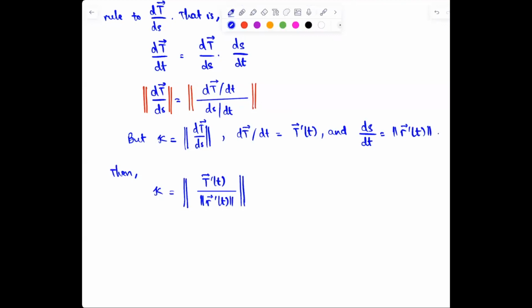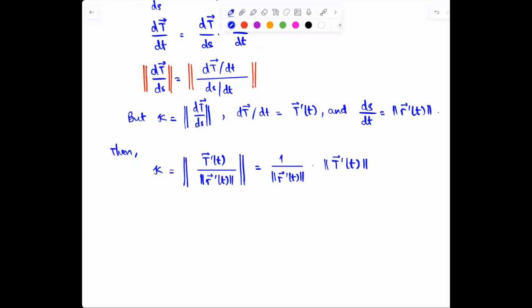So this value right here gives you a number. You have the scale, so you can pull that out of the measurements for the magnitude. So you just have 1 over the magnitude of the tangent vector multiplied by the magnitude of the derivative of the unit tangent vector.